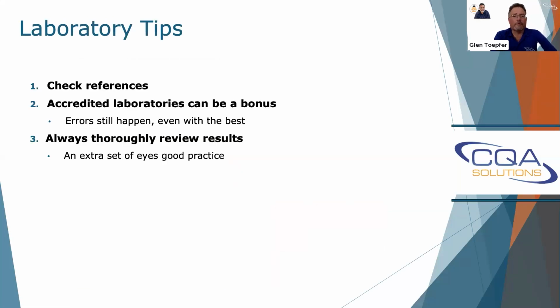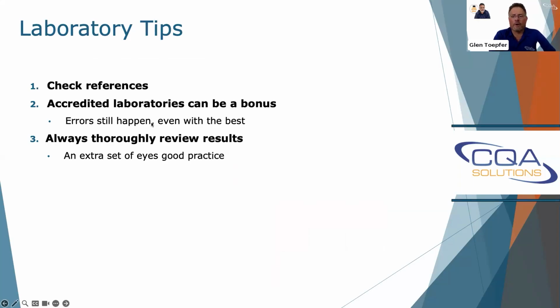And so there are some tips. I think check references of laboratories, especially laboratories within a firm that aren't really a national firm, but they do their own testing and you want to send it there. Check references. Accredited laboratories I think are often a bonus, but remember, errors can happen even with the best. I've seen it.